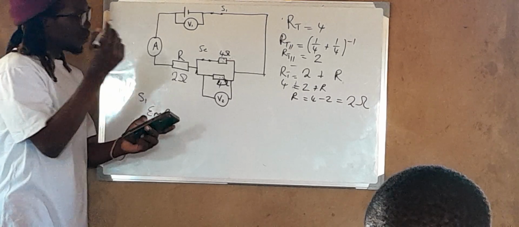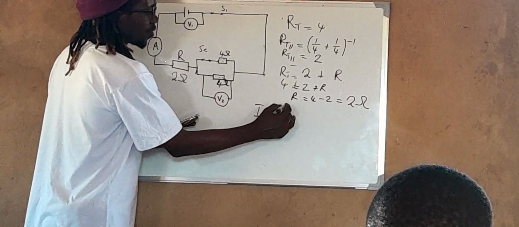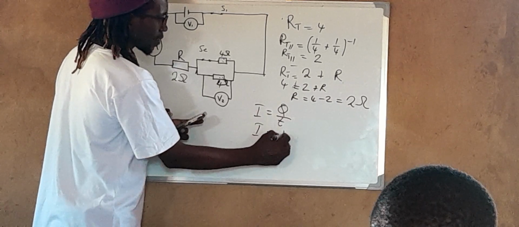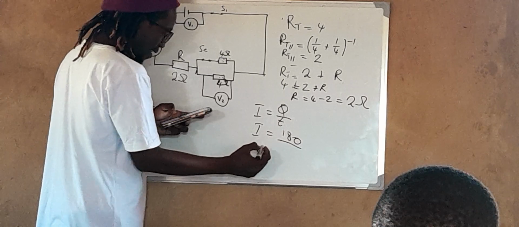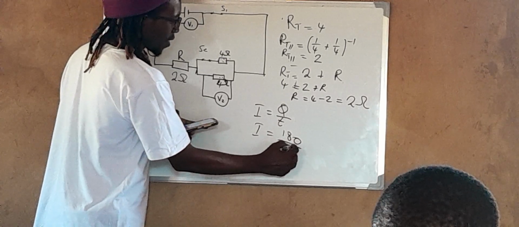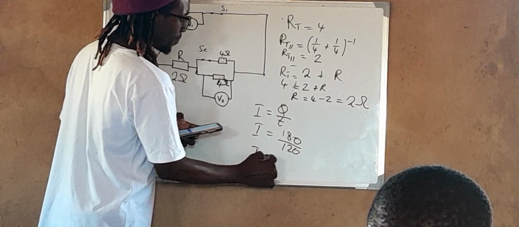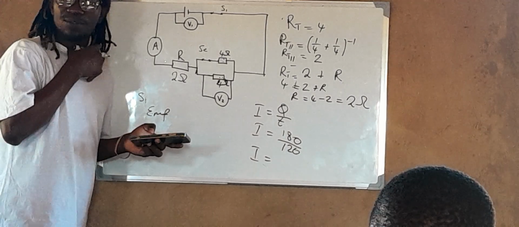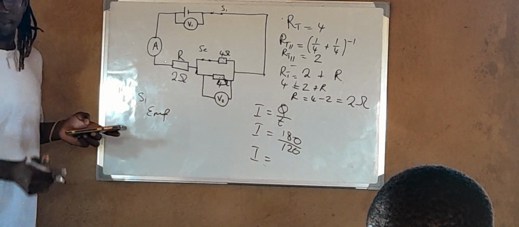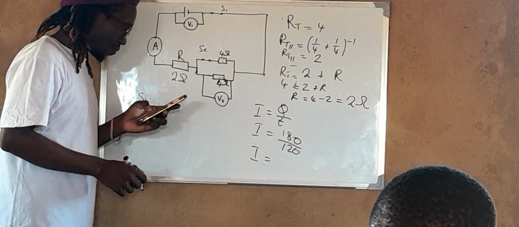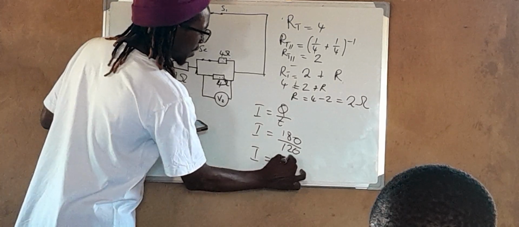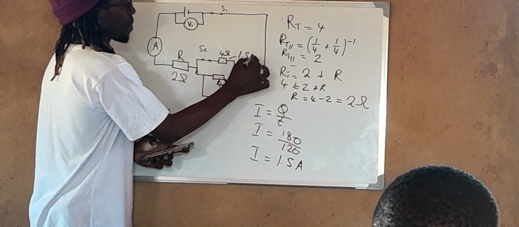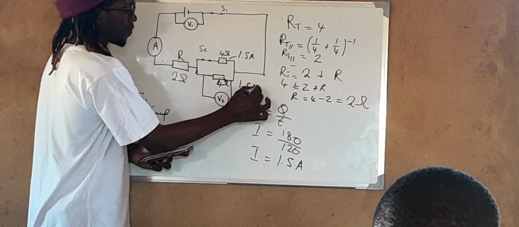We know that current is equal to charge over time. So our current becomes 180 over 2 minutes, which is 180 over 120, giving 1.5 ampere. So here is 1.5 and here is 1.5 ampere.